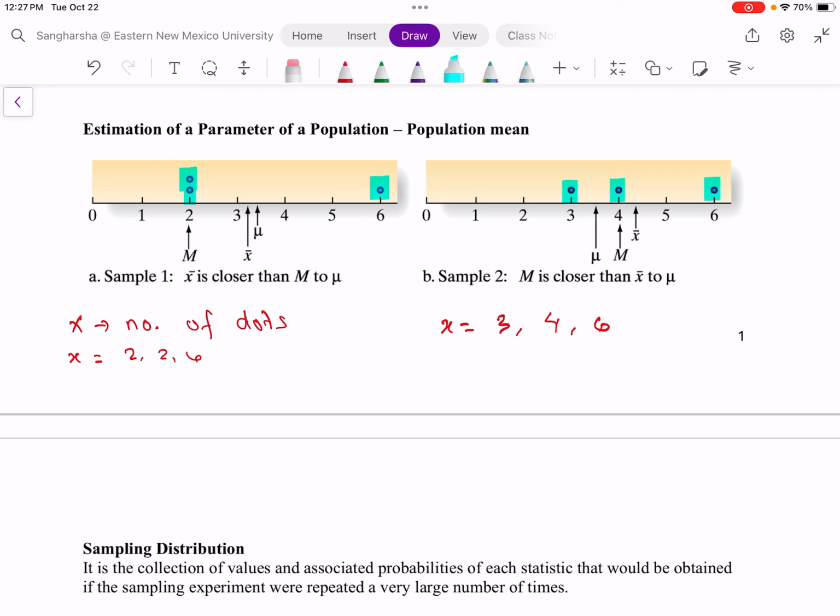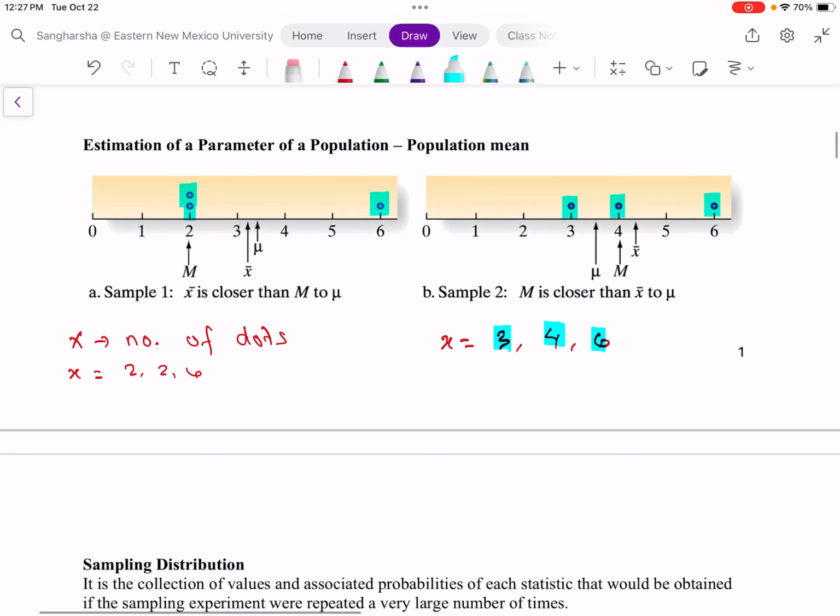Once you have completed 3 throws, you start a new sample, and your second sample has x values 3, 4, 6. Are you clear about the experiment here? You throw a dice 3 times, you record the number of dots you get in each throw. Then you do the second sample.